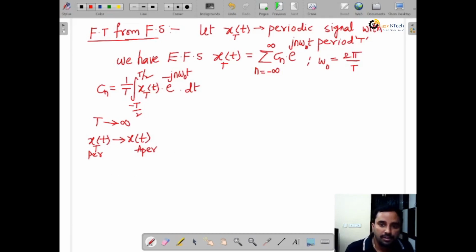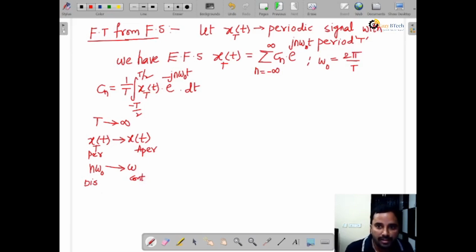Next, the discrete frequency n omega naught, that is omega naught, 2 omega naught, 3 omega naught, will become continuous frequency omega. This is the second point.